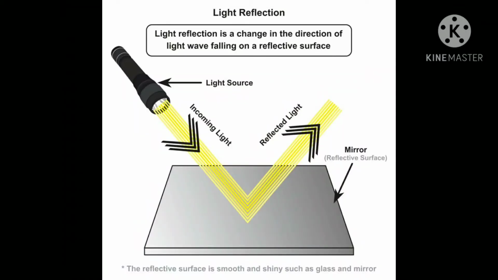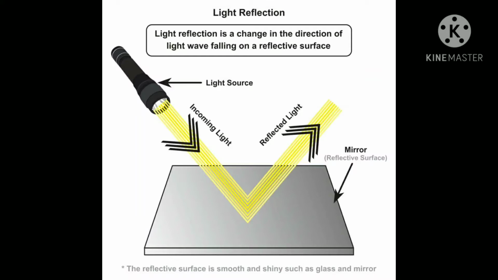Light reflection. The definition of reflection is, when light falls on a shiny surface, it bounces back. This phenomenon is called reflection, and the ray of light bounces off just like a ball bounces on the ground.